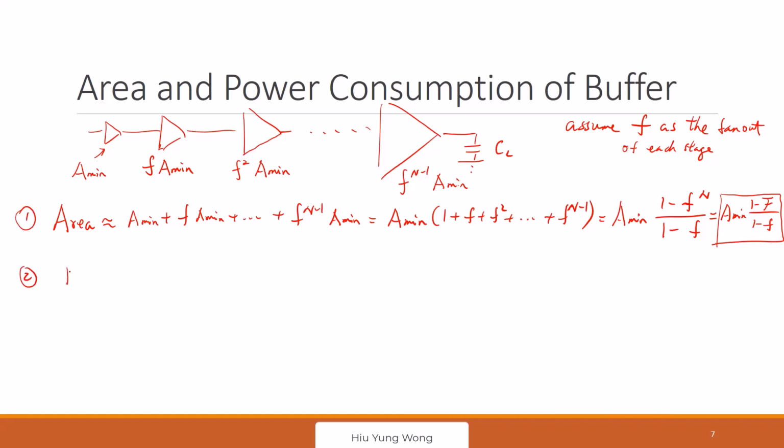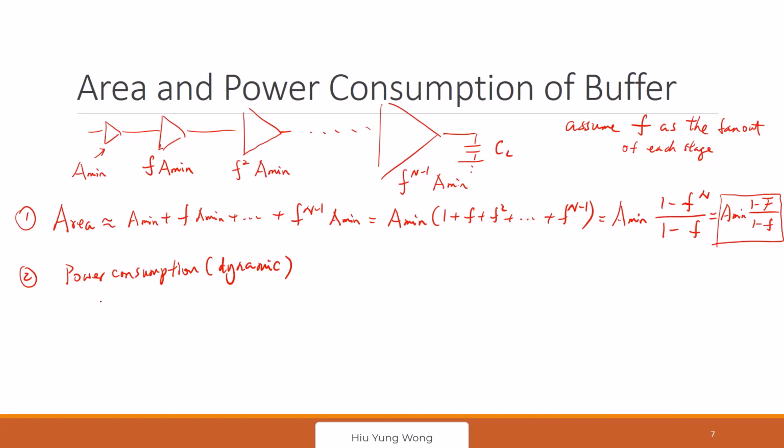How about the power consumption? What we care is the dynamic power consumption. What is the equation for power consumption? Do you remember for dynamic power that we learned already? CL into VDD square into frequency.